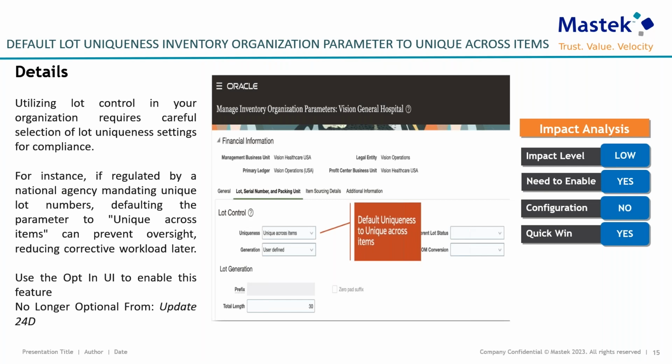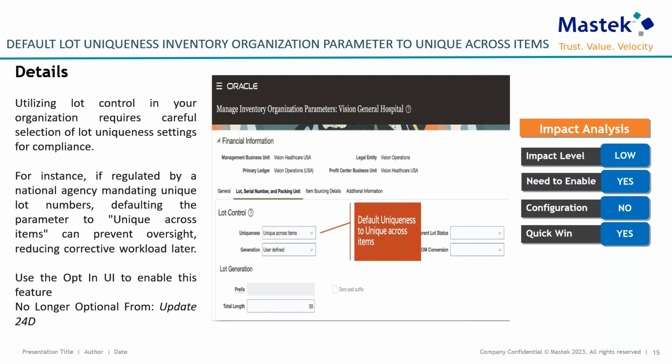For example, a national agency may require recording and tracking unique lot numbers that can never be repeated in that organization. To achieve this, we need to select the uniqueness as unique across items, which we can see in the screenshot available over here.